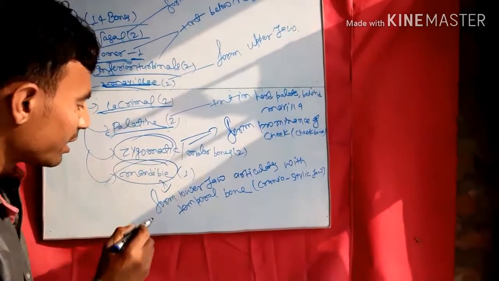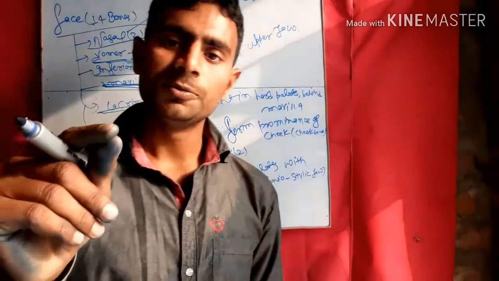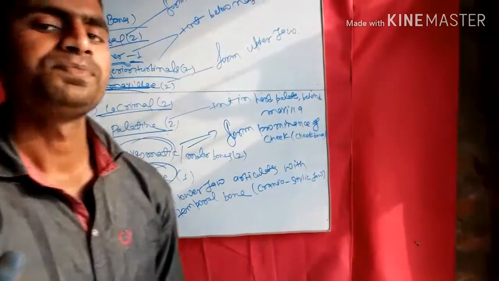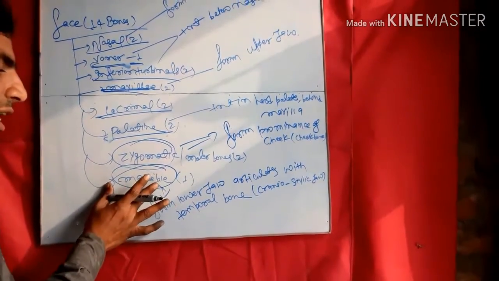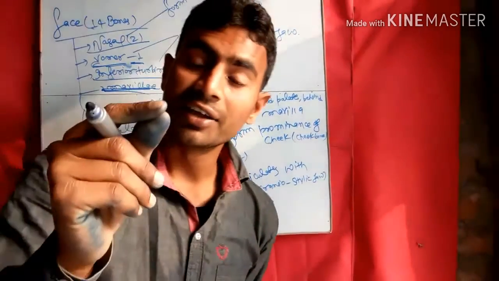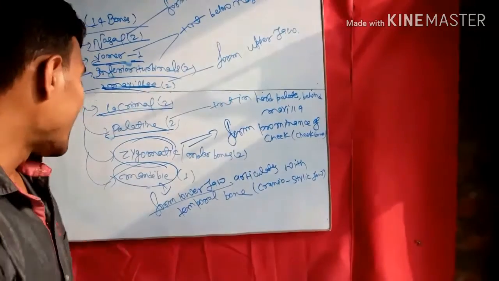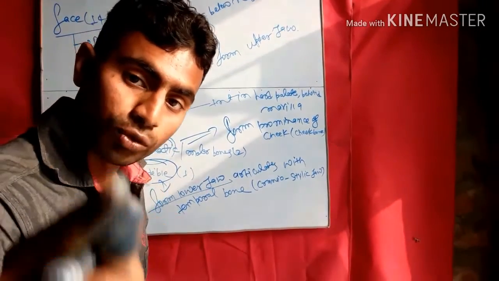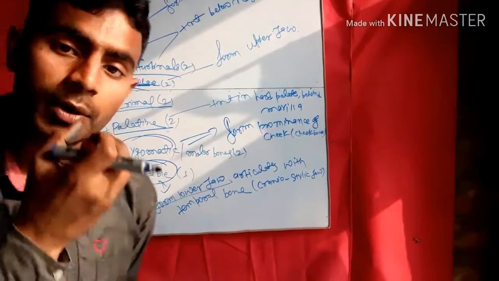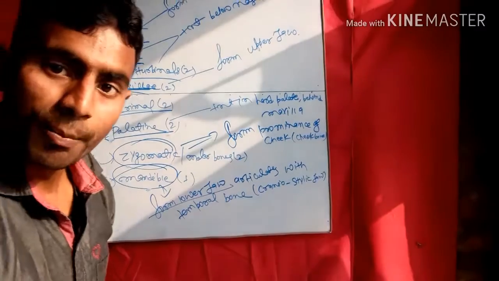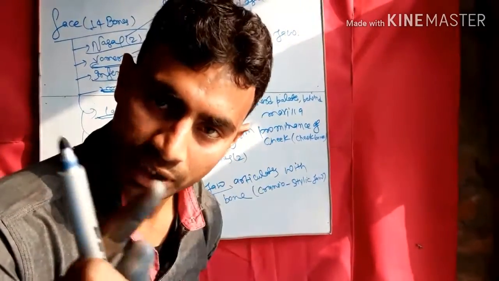Next is the mandible. Its number of bone is 1. The mandible forms the lower jaw, and maxilla forms the upper jaw.